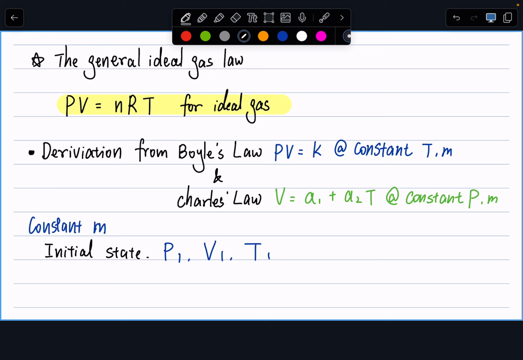Okay, with me so far? All right, and the next step is combining these two together and deriving our ideal gas law. So what do we have here? This relation coming from step 1 will tell us what VA, our intermediate, is: P1 V1 divided by P2.